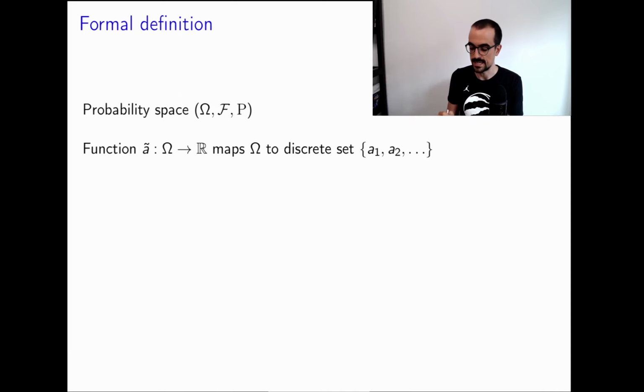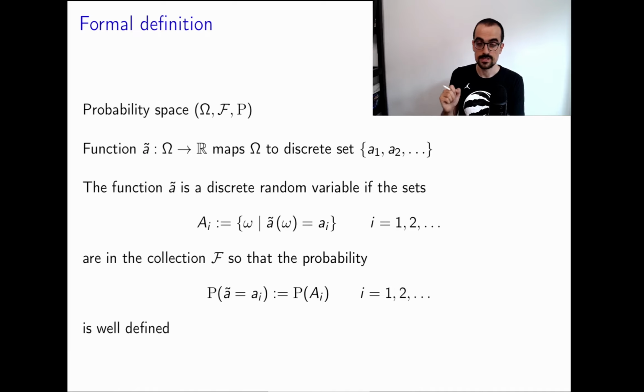So the idea is that if we have a function A that maps a sample space to real values in a discrete set, A1, A2, and so on, we consider the sets in the original sample space that map to each value. I'll show you a picture in a moment.